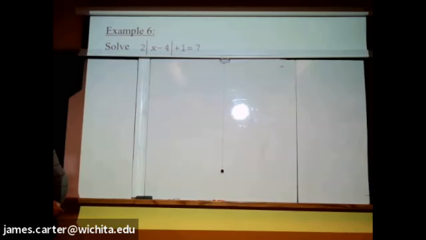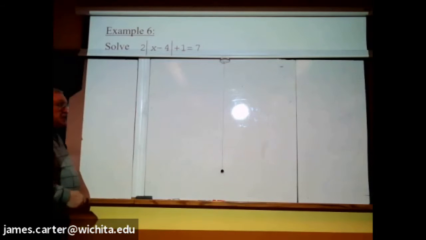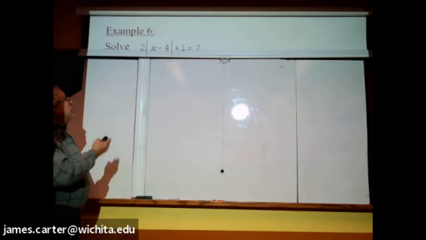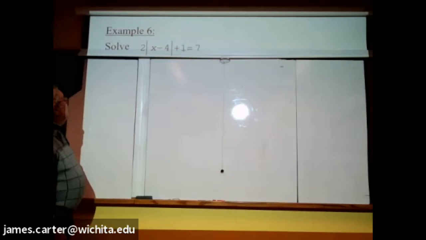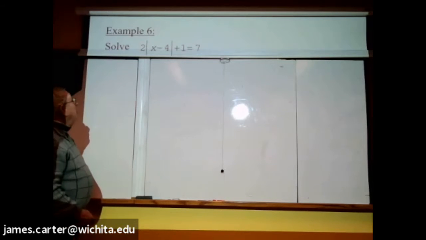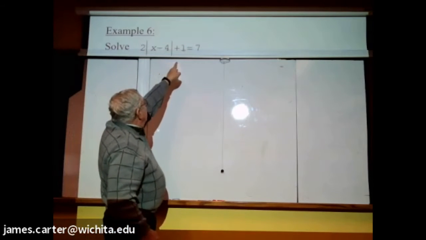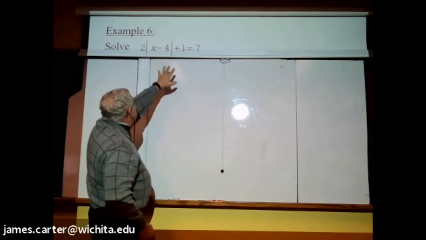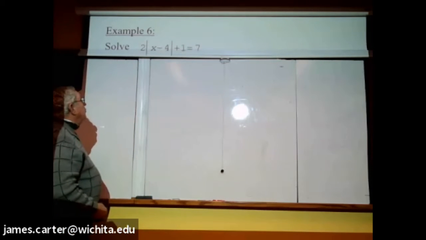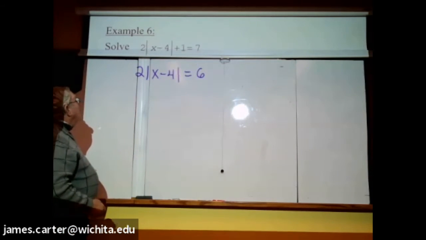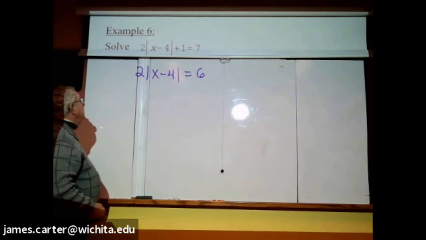Okay, here's another one. This time we've got some steps to undo before we can actually remove the absolute values. It's going to be one of the later steps. We got to get this 1 on the other side. Then we need to divide both sides by 2. So I took the 1 to the other side, subtracted 1 each side, gave me the 6.